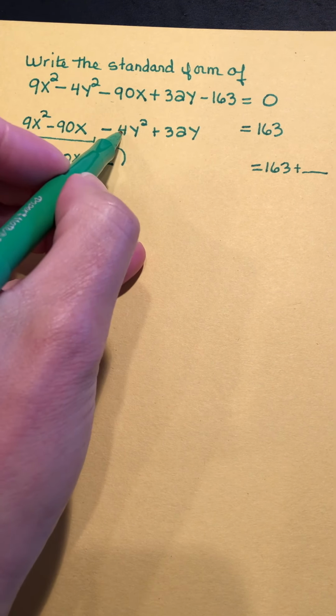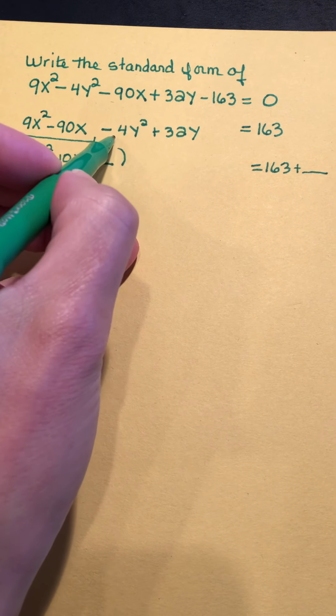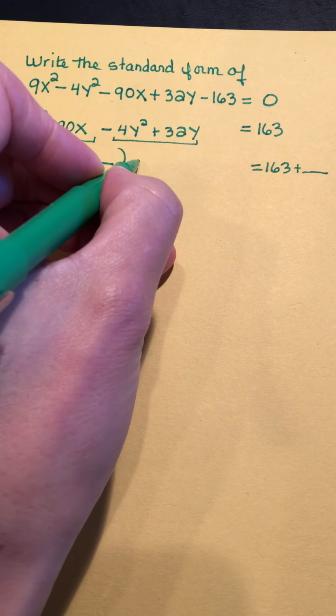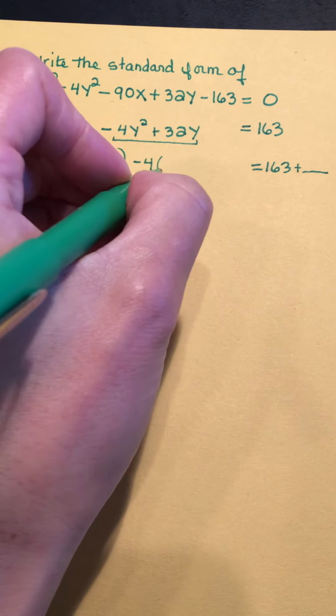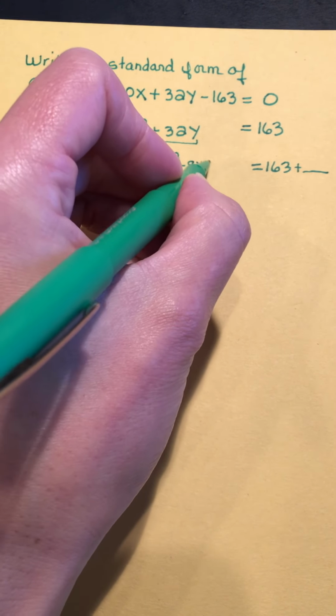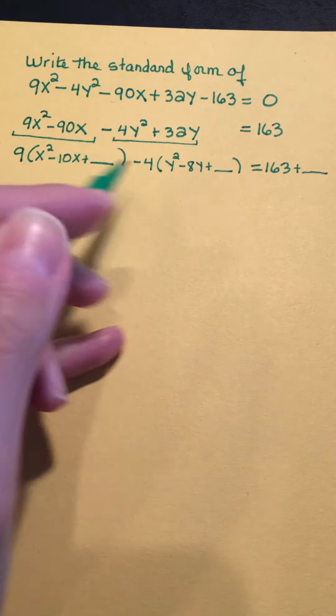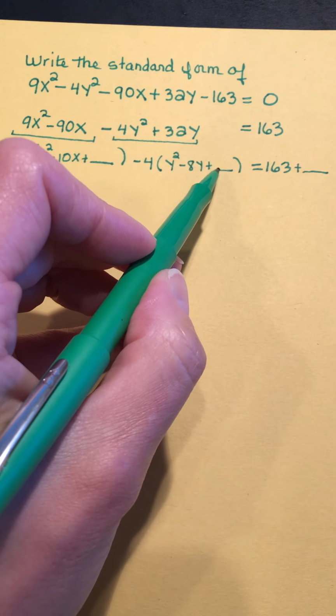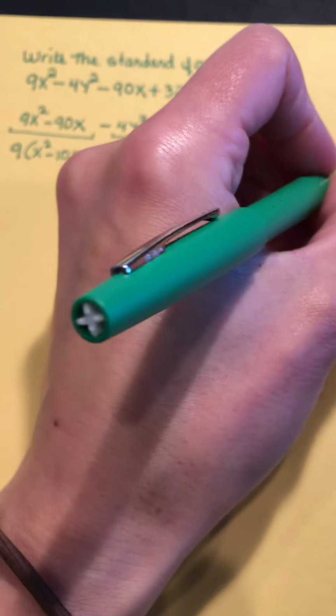Do you see that I could factor out a negative 4 from each of these terms? So I'm going to factor out a negative 4, and this becomes the quantity y squared minus 8y plus blank. Okay, and again, if I'm going to add a blank to the left, I have to add another blank to the right.